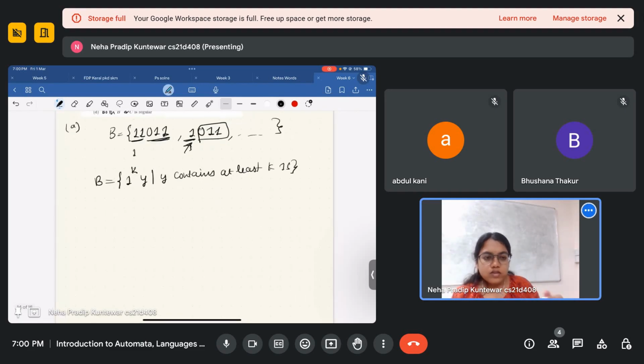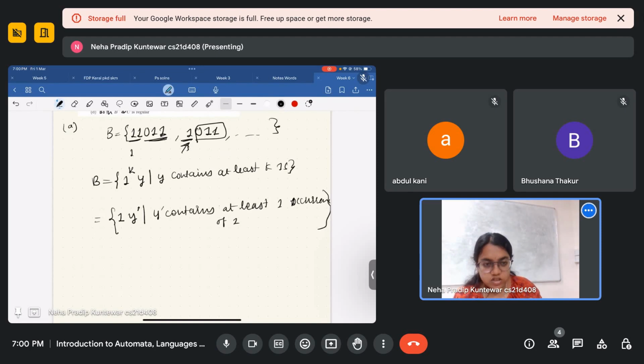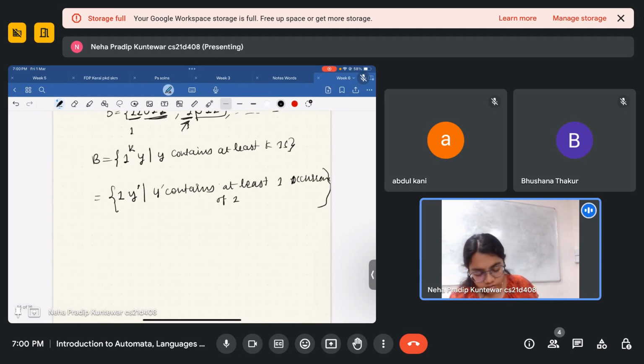You can think of this as there is a 1, and after that there is a string y prime, where y prime is nothing but a string consisting of at least one occurrence of 1. So this is what the string is. This is what the language is.